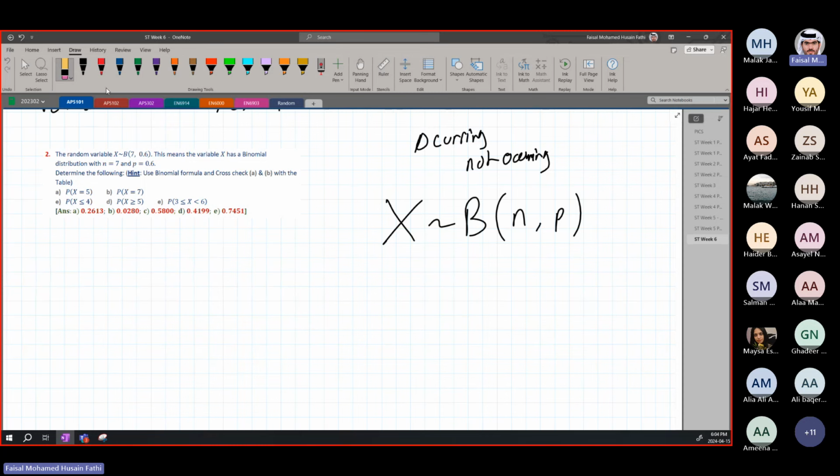So your N is your total number of trials, and you have your P, which is the probability of succeeding. So the probability of getting a success, probability of success. So the probability of the event occurring.